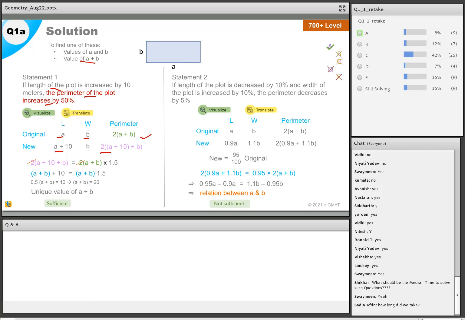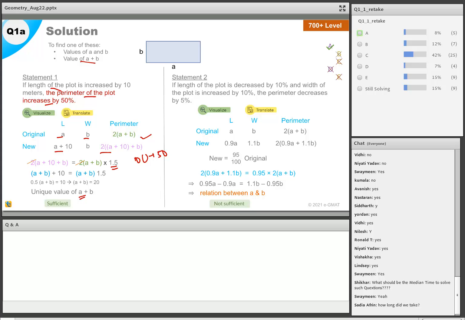Now, according to the question, the perimeter increases by 50%, right? By an increase of 50%, we mean 50% of the initial. So 100% plus 50% is 150%, which can be written as 1.5. So twice of A plus 10 plus B can be written as twice of A plus B times 1.5. You simplify that out, you get the value of A plus B. Through this, I can reach the answer.